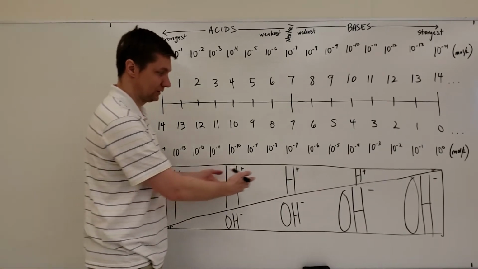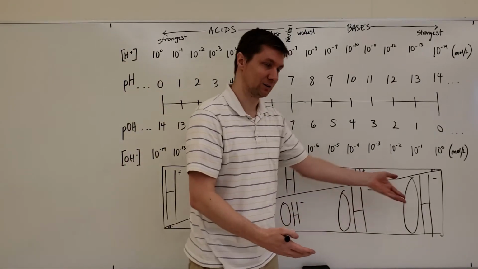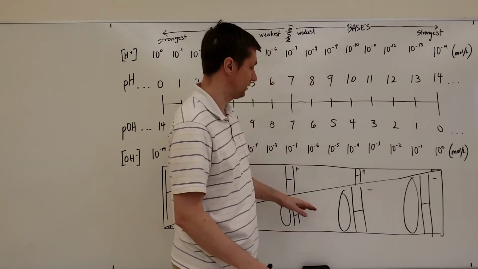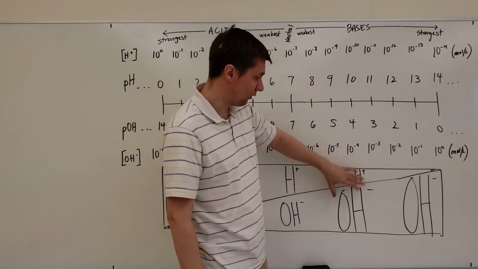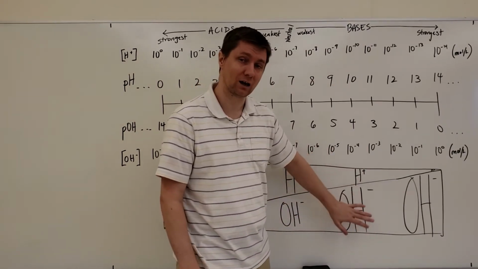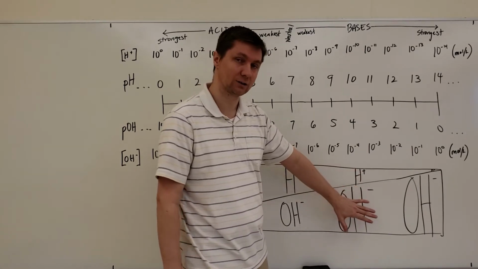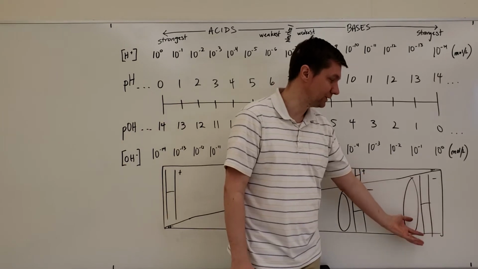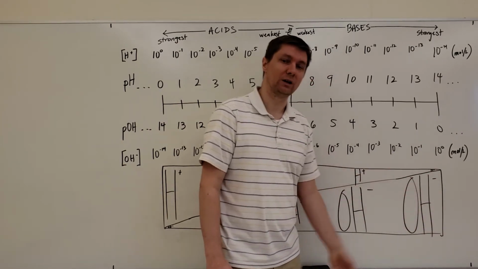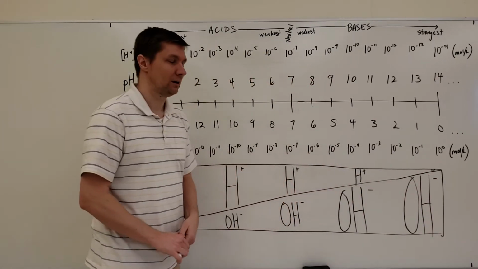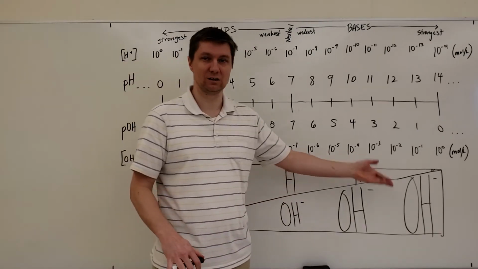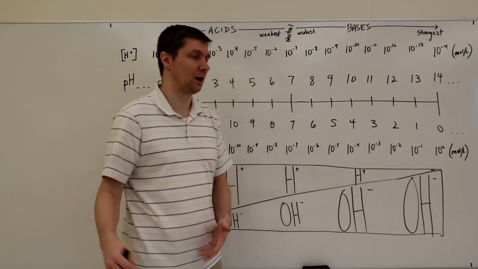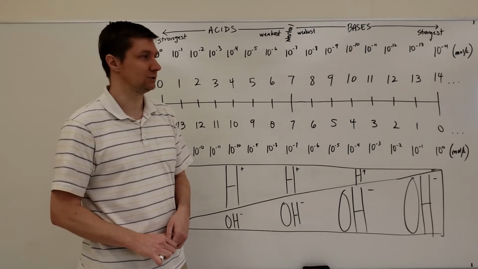And then as I move over to the base side of the scale, over here on this side of 7, I am now starting to get way more hydroxide ions in solution compared to the hydrogen ions. And way over here, this is why the base properties dominate these types of solutions, because they contain way more hydroxide ions than they do hydrogen ions.